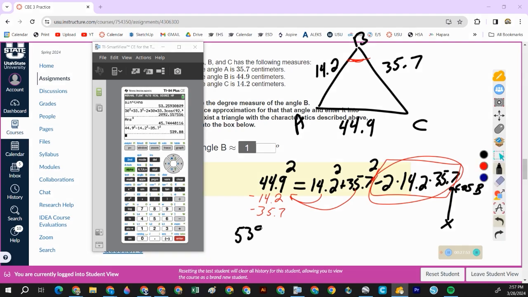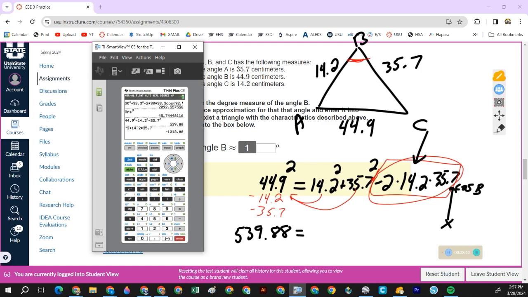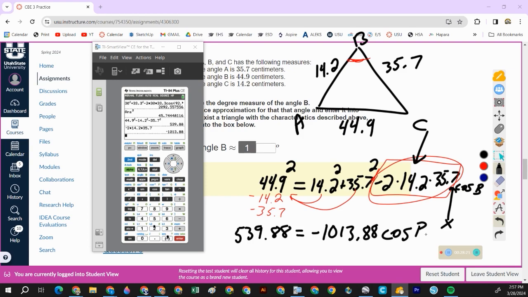So 539.88 is equal to, and now let's figure out what this is. Negative 2 times 14.2 times 35.7. So I get negative 1013.88, again, don't round it, cosine of B. So to figure out what B is, I need to divide this number by this number.